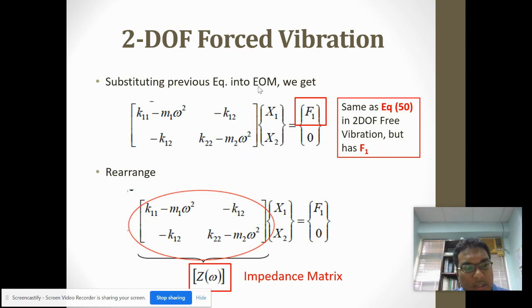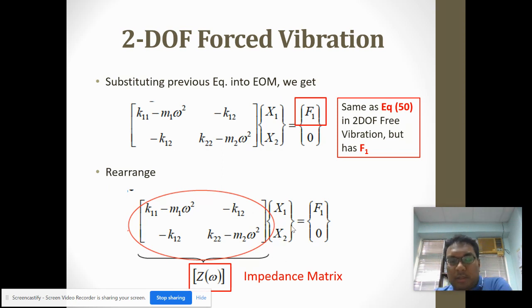That's why I said before that you must include the same trial function as the excitation force. When you get into this form, you can transfer it into the impedance matrix, because we want to move this matrix to the right hand side so that we are able to calculate x1 and x2.